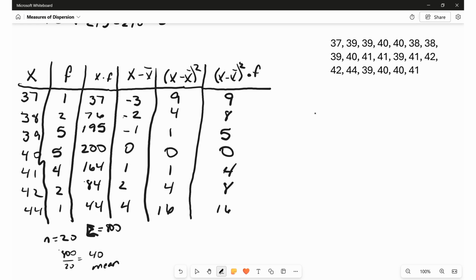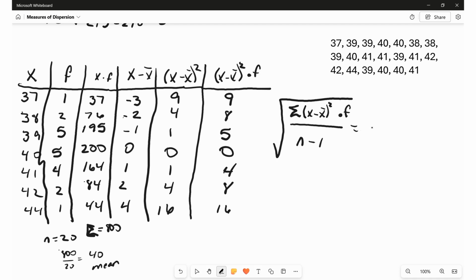Now, if you recall, our formula for standard deviation is going to be the square root of our sum of the deviation squared. Since this is a frequency table, we're going to multiply by our frequency, okay? And we divide that by the number of values minus 1.